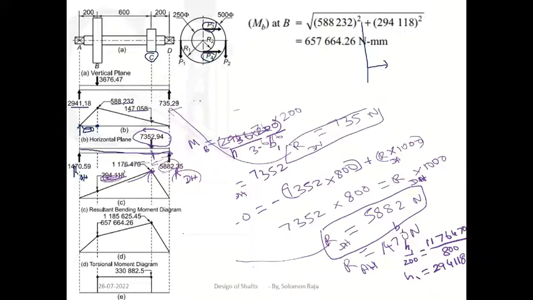We have 588232. We have to get the value here. This value we have to find out. Okay? So same thing. 588232 divided by the breadth. The breadth is from this point to this point.